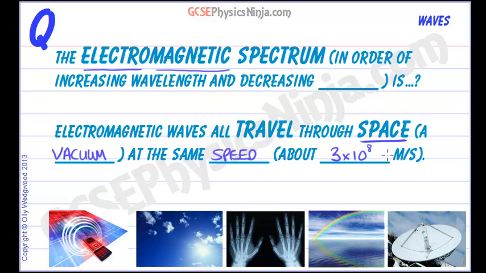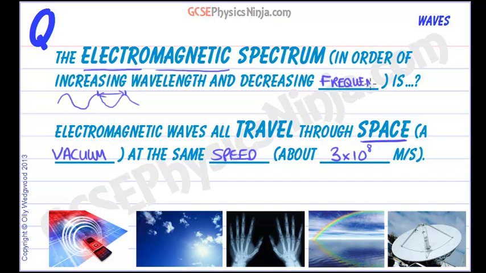So it's important that we're able to put the parts of the electromagnetic spectrum in order of increasing wavelength, and if you increase the wavelength, remember that wavelength is the distance between one peak of a transverse wave and the next peak. If we list them in increasing wavelength, then that will be decreasing frequency.